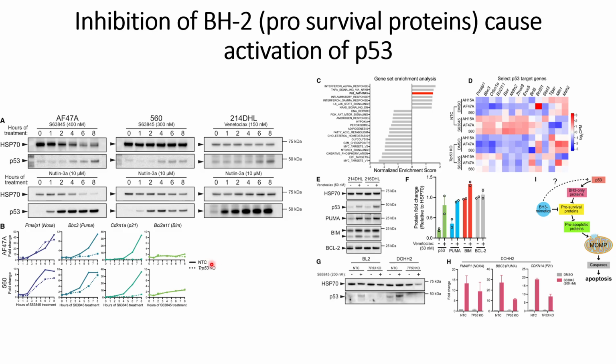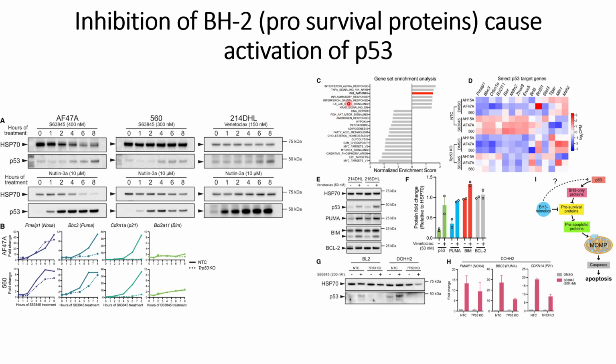So these results further confirm that p53 activation occurs with the inhibition of BH2 survival proteins using S63845, and they did the analysis at different time intervals, as shown here. Thereafter, they also did gene set enrichment analysis of these samples after 24 hours of S63845 treatment.